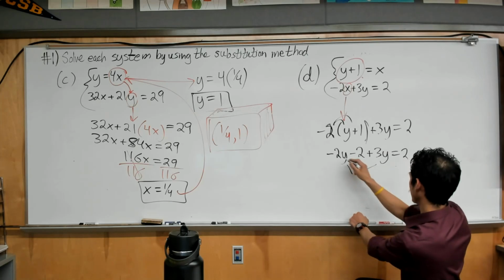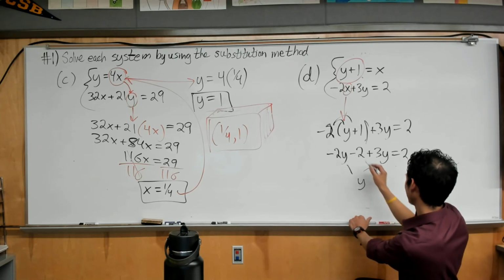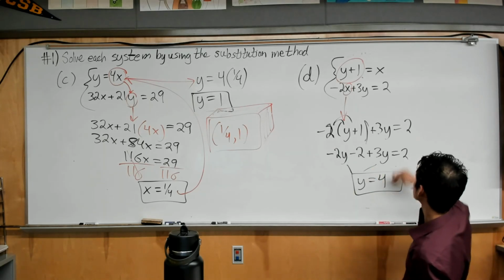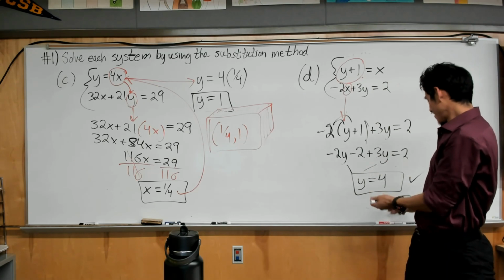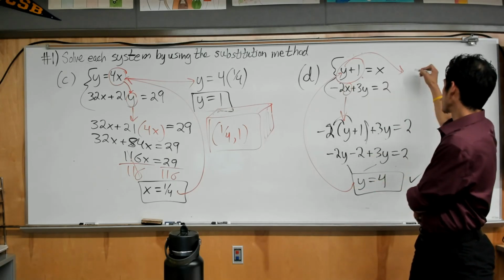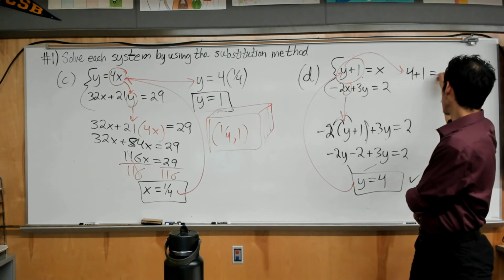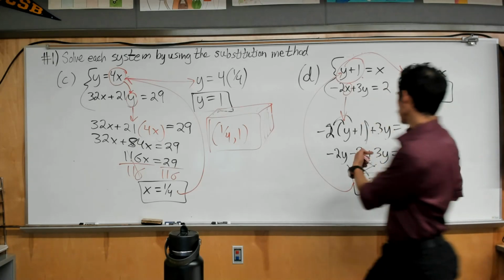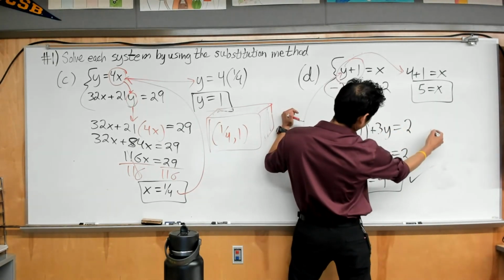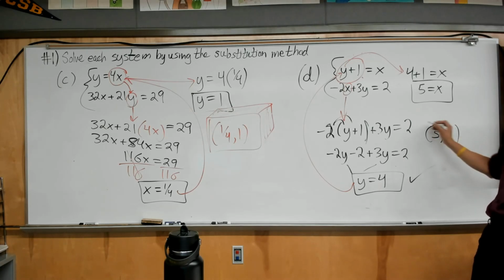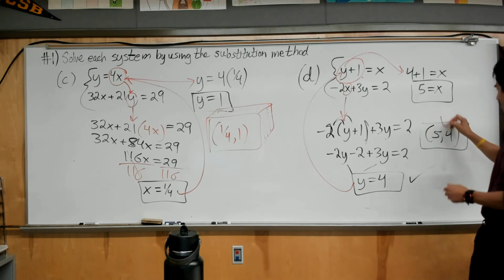Y, add the 2, y equals 4. Now you put the 4 in here. 4 plus 1 equals x. 5 equals x. And the ordered pair would be 5, 4. So there we go.